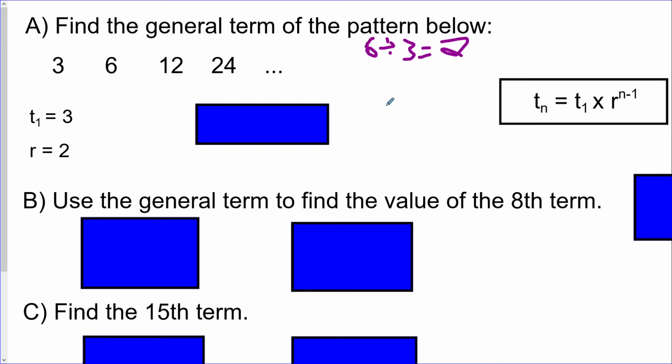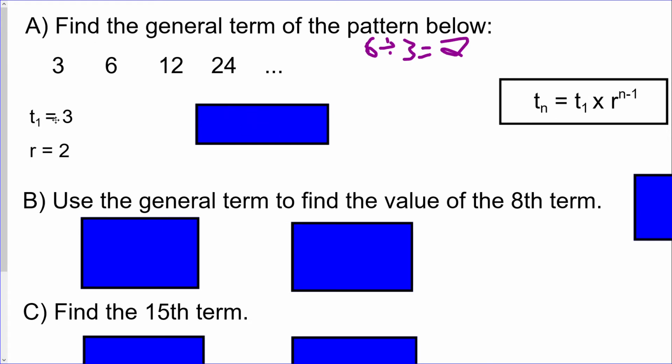Sorry about the messy writing. That's our multiple that we're multiplying by. And if you did 24 divided by 12, you also get 2. Same thing with 12 divided by 6. So if you're ever unsure, and certainly there will be some examples, especially involving decimals, where it will be a little harder to tell, just take a number and divide it by the one before it.